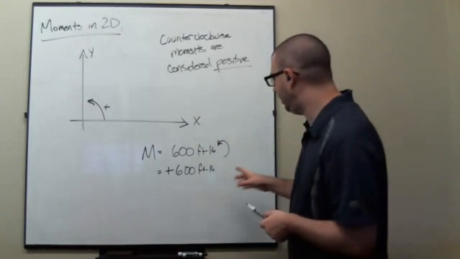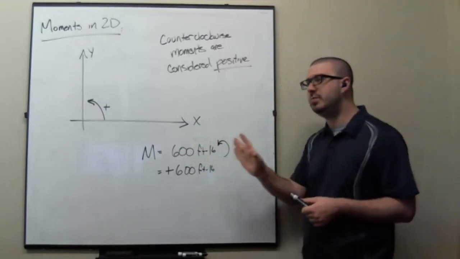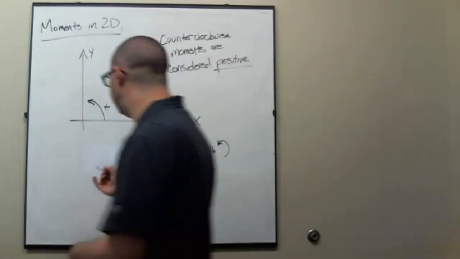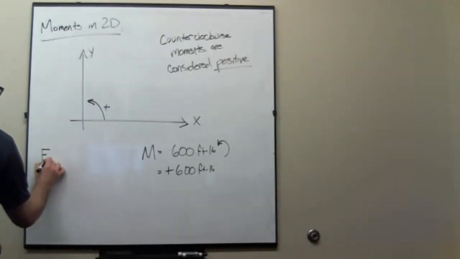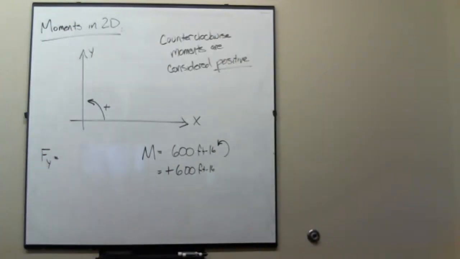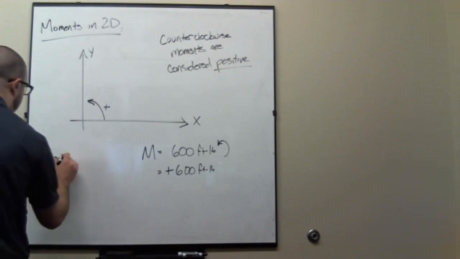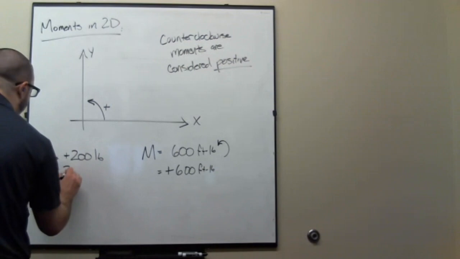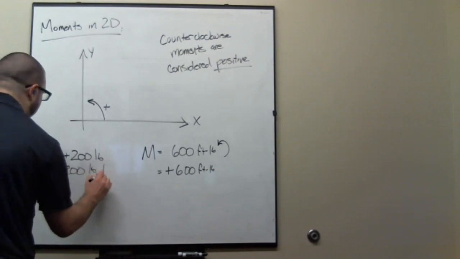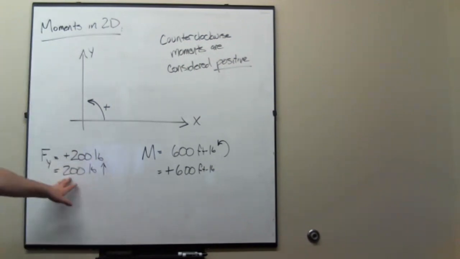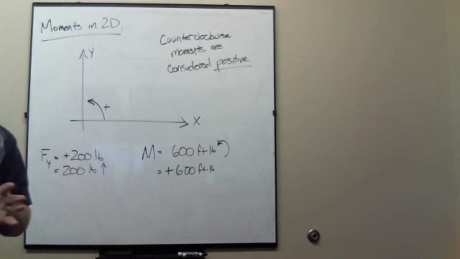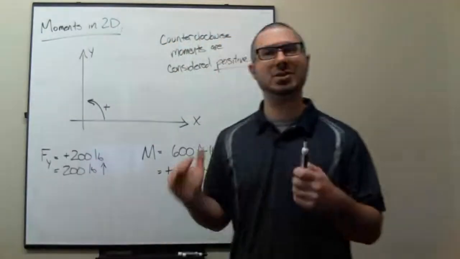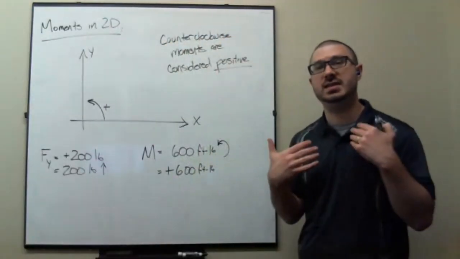And keep in mind, when we're talking about moments, moments are different than forces. For instance, if I was talking about a force in the y direction, and it's positive 200 pounds, that would be 200 pounds acting up. Remember, forces are actions on a system that increase its tendency to translate.